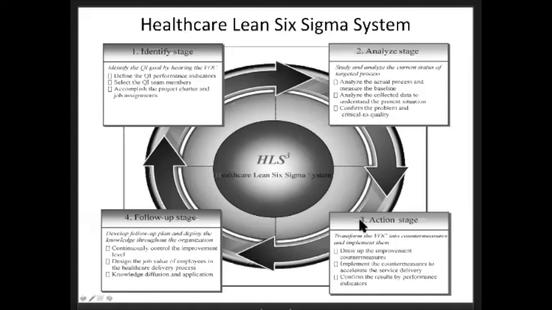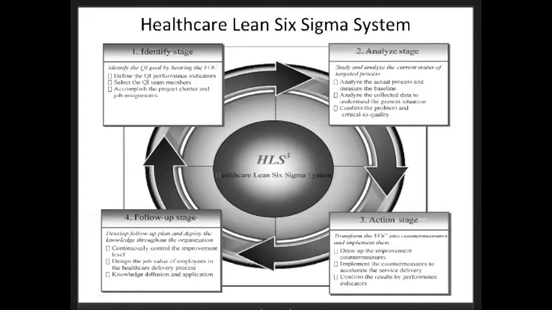The third stage is the action stage, which is to transform the voice of customer into countermeasures, which we call the voice of producer, because now everything the customer wants as part of their quality expectation needs to be also viewed from the producer's point of view, the healthcare provider's point of view.